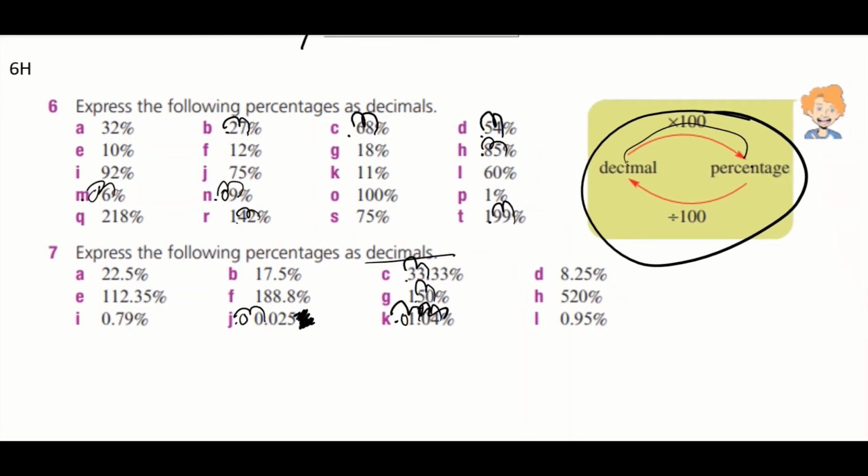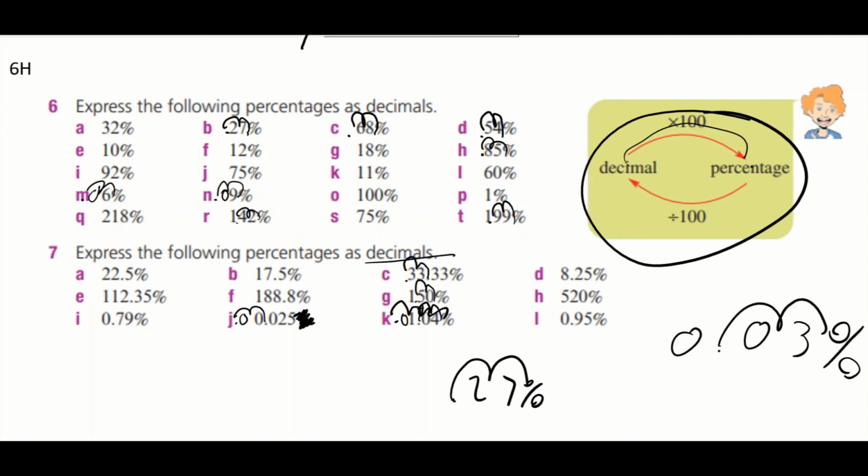Okay, and I didn't put in, obviously I'll write some in now. You've got to do from decimal to percentage. So if I have 0.27, it's the other way, you move it two places, and you write a percent sign, 27%. If I have 0.03, you would move it two places and write percent.